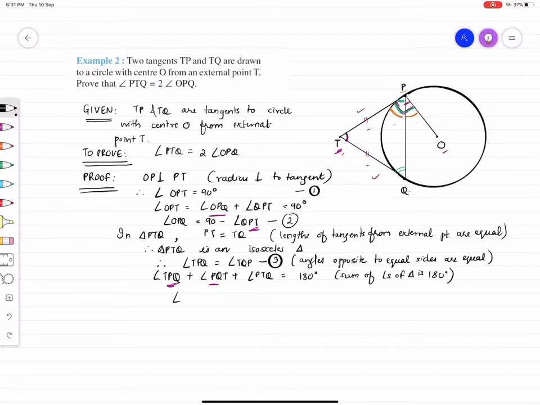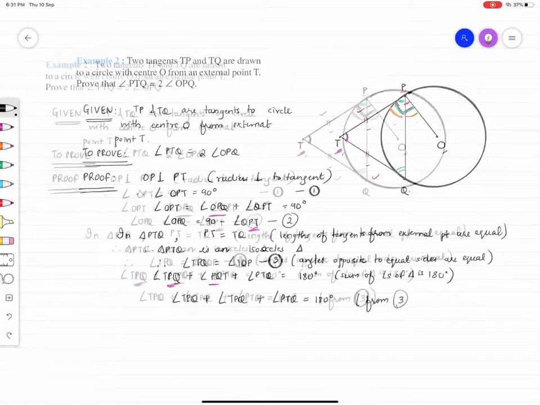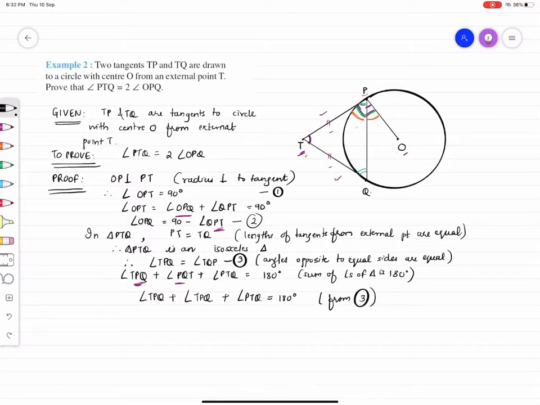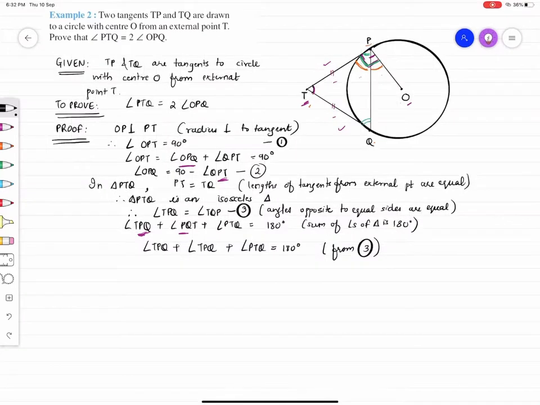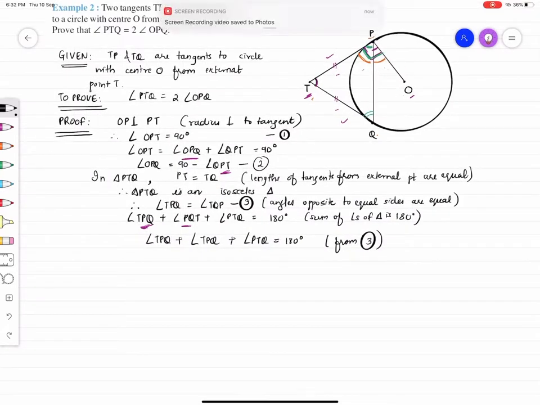Obviously I am interested in angle QPT, so I'll keep it as it is. I'm going to slightly shift this above so that we have some space to write. So I can say that 2 times angle TPQ plus angle PTQ is equal to 180 degrees.